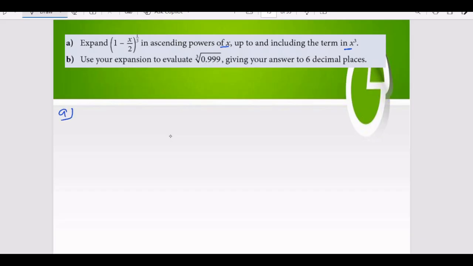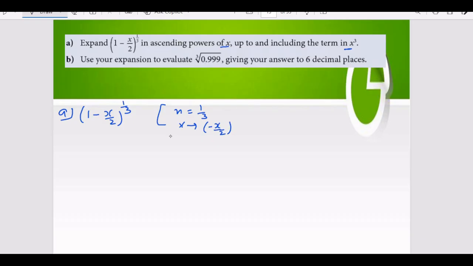Now let's start with part A. We have 1 minus x over 2 power 1 over 3. So now our n is a fraction, right? And instead of x, x is now negative x over 2.